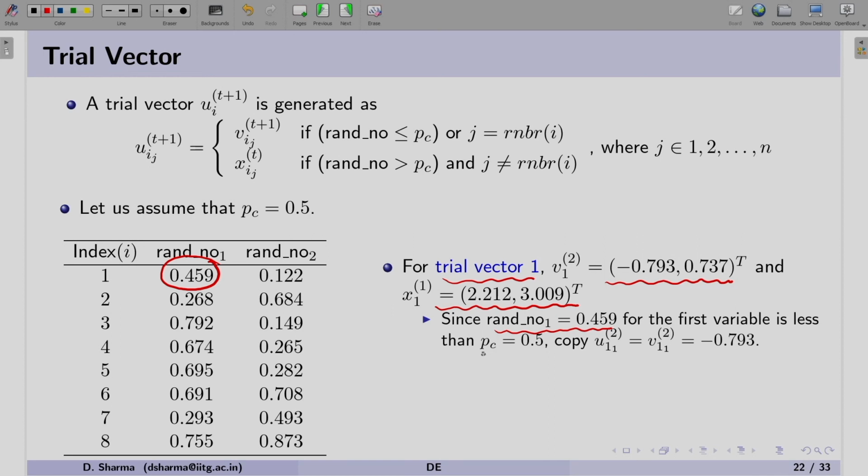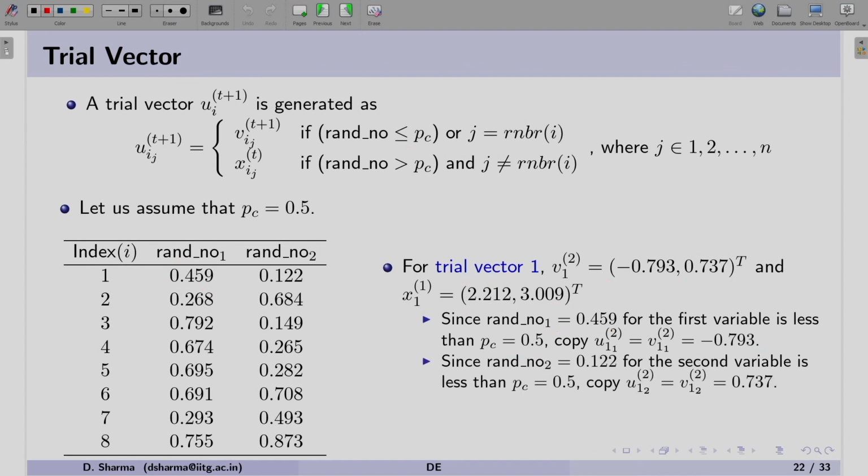Since this random number is smaller than PC, which is 0.5, and looking at the formula on the top, we copy the first variable value from the mutant vector to our trial vector. So, the first variable will be -0.793. Now, let us do the same calculation for variable number 2.